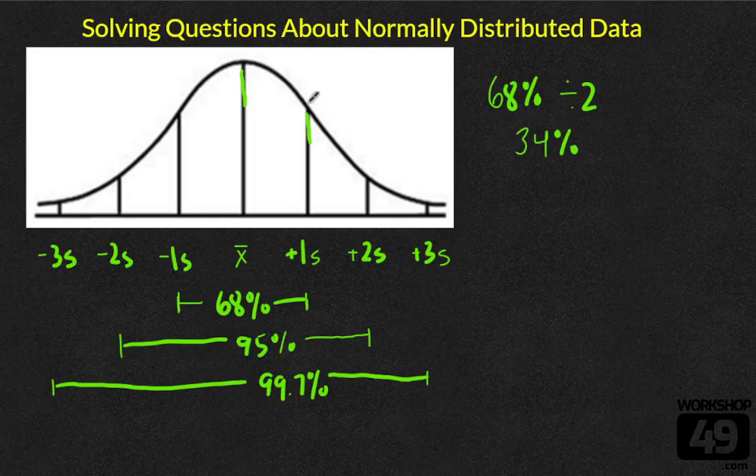And what this means is that because we know 68% is this whole region, we know that 34 of it is there, and 34 of it is there.